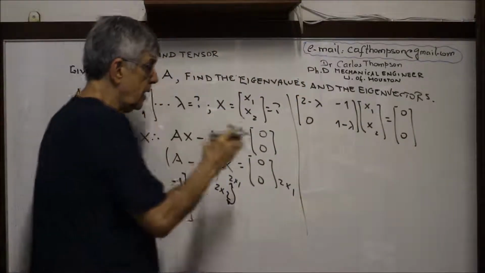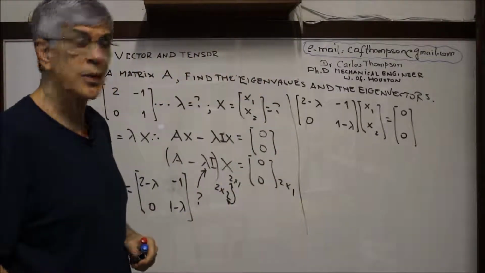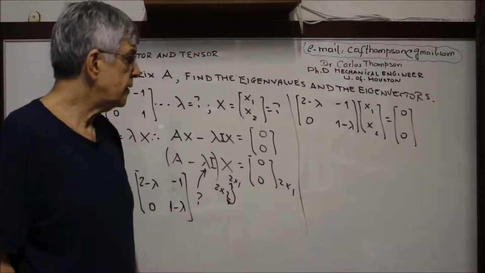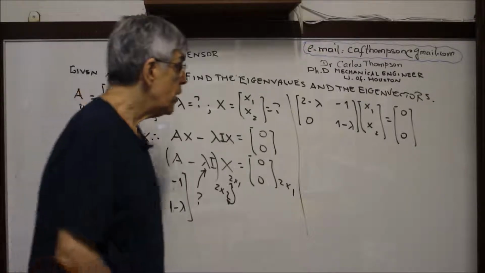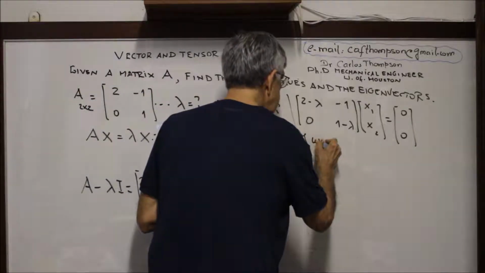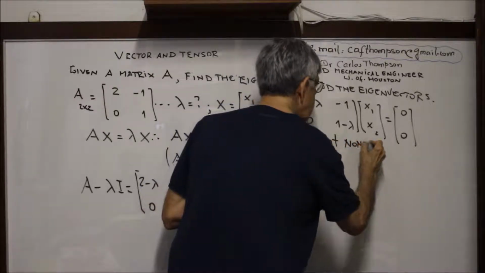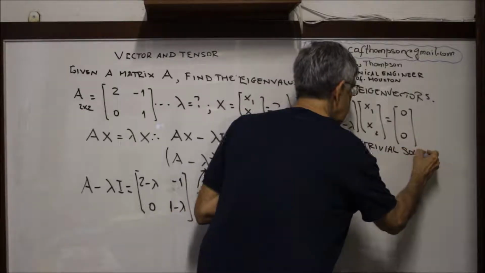Look, this is a homogeneous equation. x1, x2 are the unknowns. Now I want non-trivial solutions.